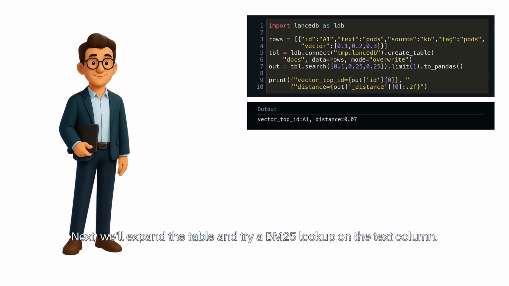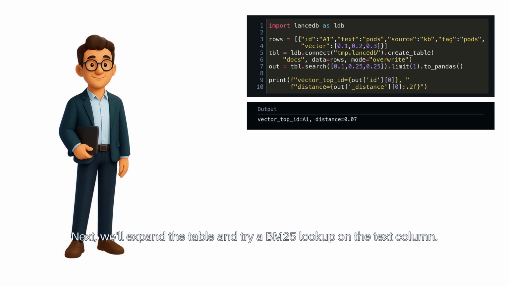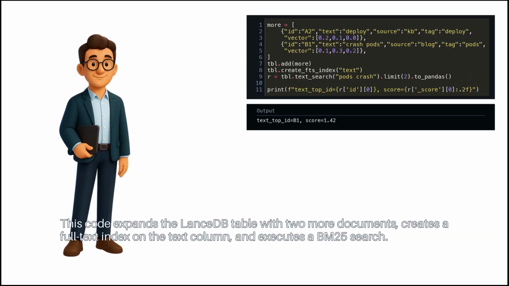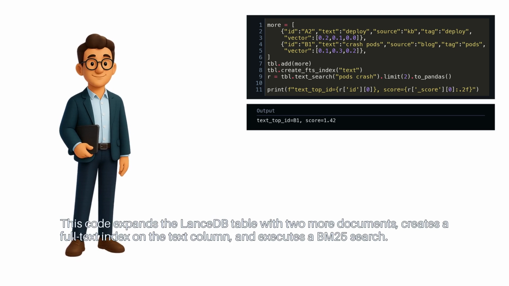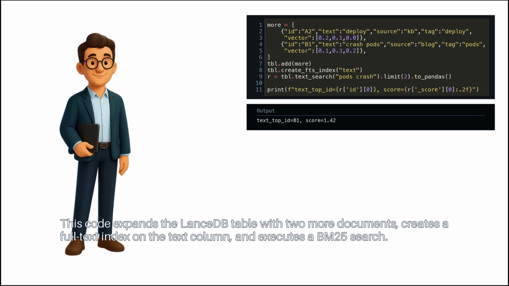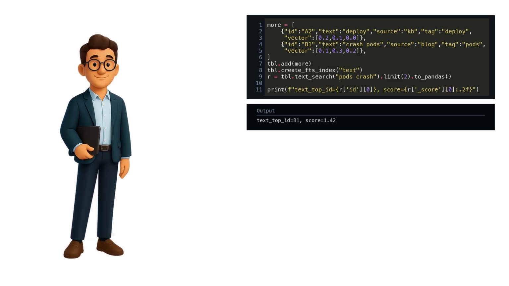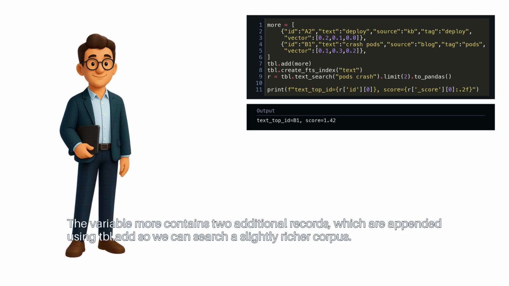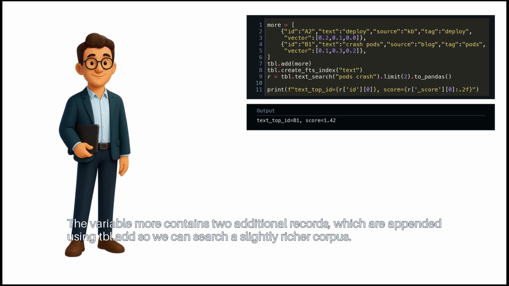Next, we'll expand the table and try a BM25 lookup on the text column. This code expands the LanceDB table with two more documents, creates a full-text index on the text column, and executes a BM25 search. The variable more contains two additional records, which are appended using tbl.add, so we can search a slightly richer corpus.